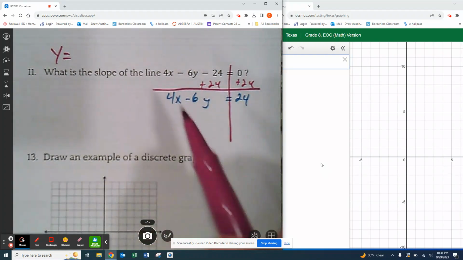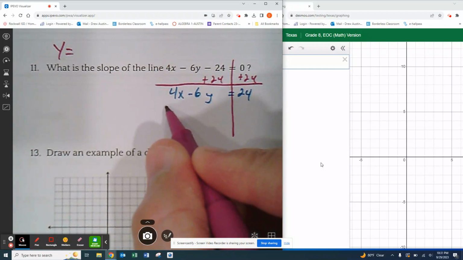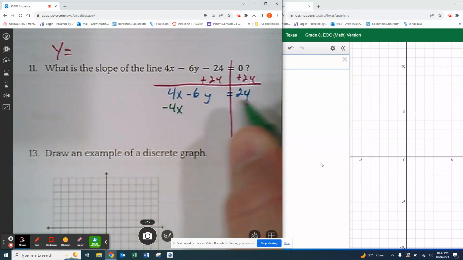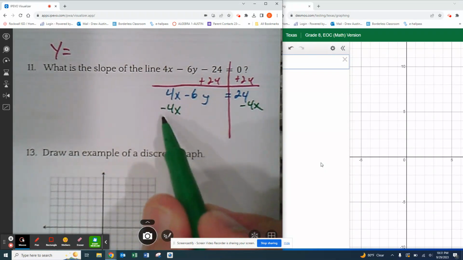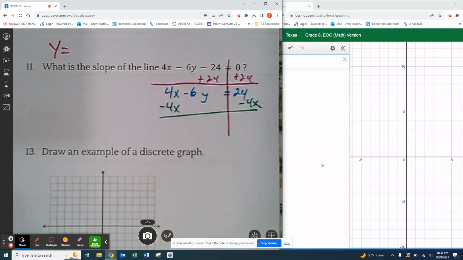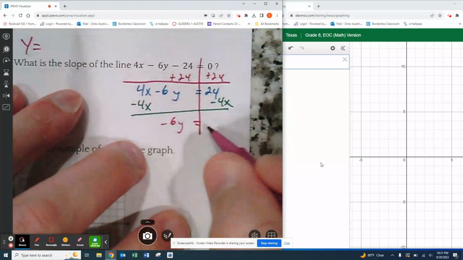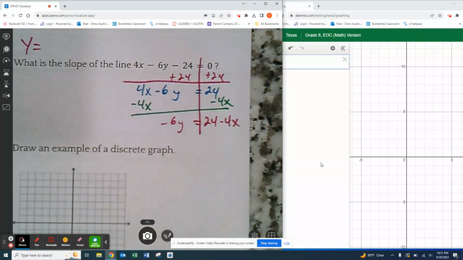This time, I'm going to leave the x there, but the method is still going to be the same. I'm going to subtract 4x. I'm going to be left with negative 6y equals 24 minus 4x, because I cannot combine those terms.